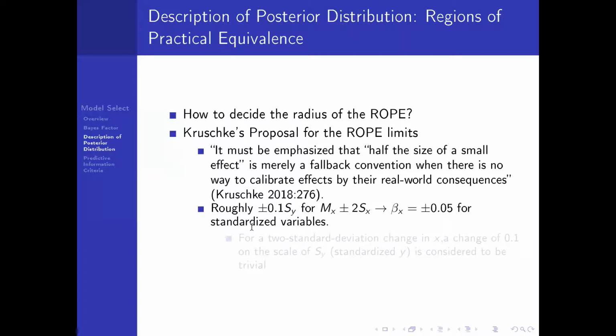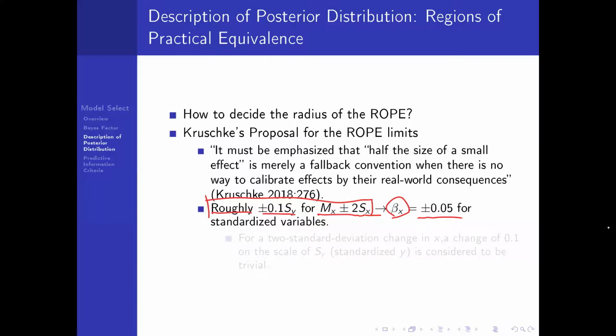That would imply roughly plus or minus a tenth of a standard deviation in Y for 2 standard deviations in X above or below the mean of X. When we talk about, for example, the regression coefficient, and here it basically says, for this computation, if we standardize X and Y, then the fully standardized coefficient would be plus or minus 0.05.